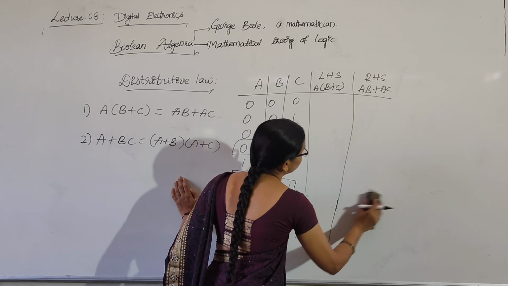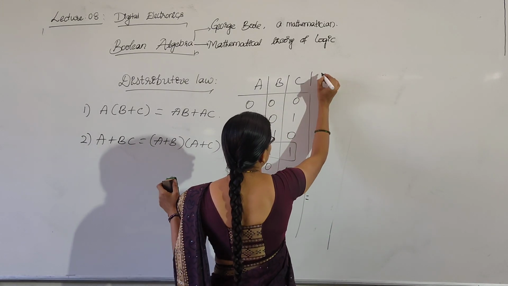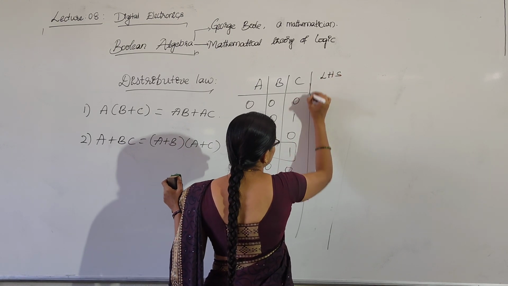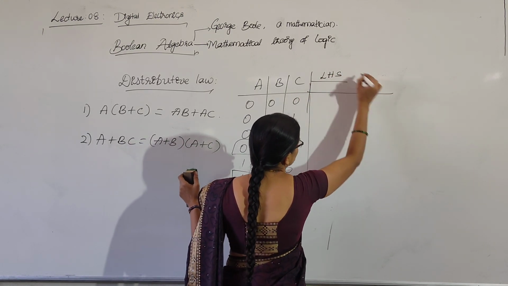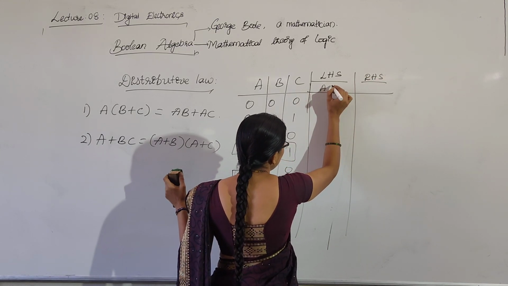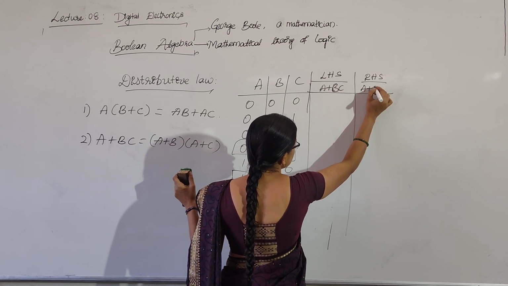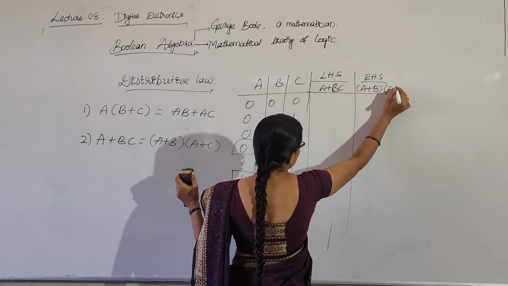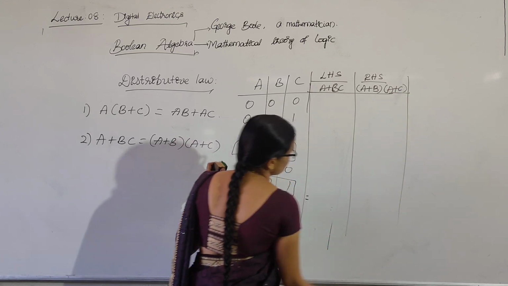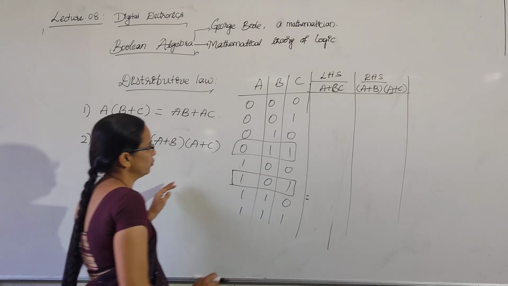The second one, that is A plus BC is equal to (A plus B) and (A plus C). Let's see whether we can prove this or not.